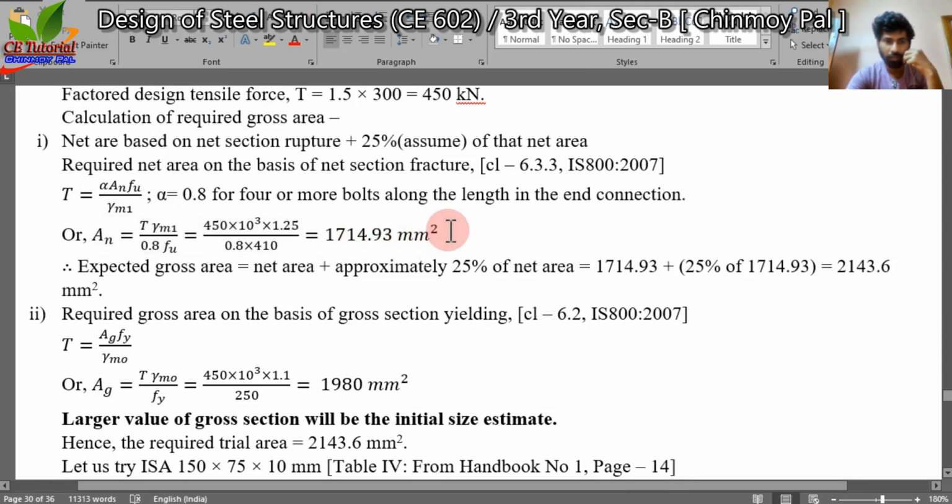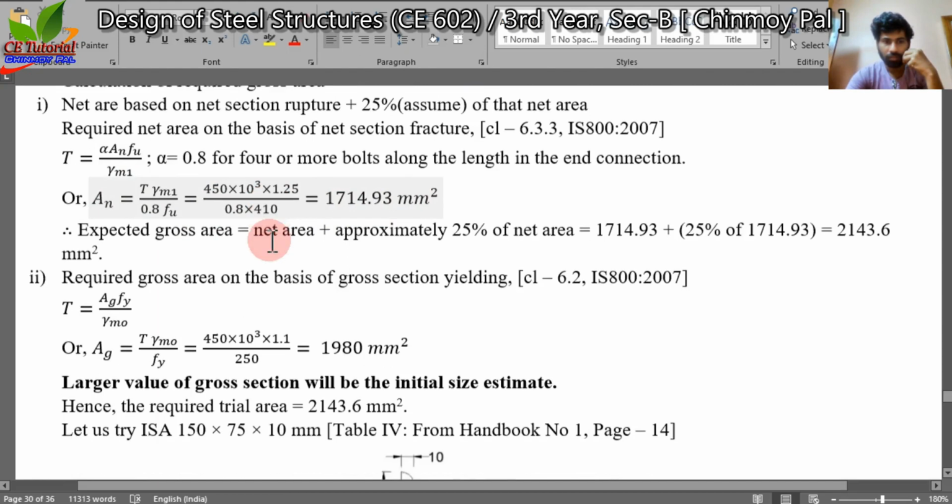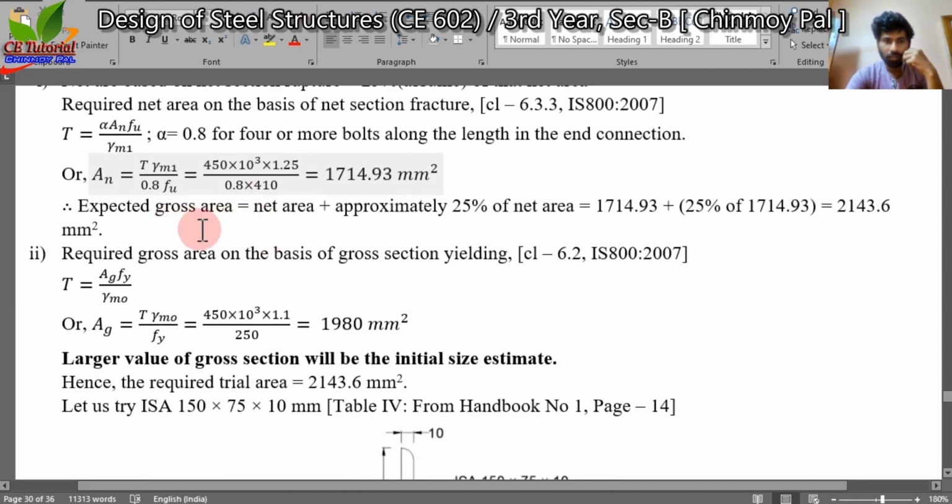So An is equal to 1714.93 millimeter square. Now you need to calculate the cross section from this net section, and we don't know what is the actual cross sectional area. That's why we are adding approximately 25% of the net area. So the cross sectional area is 2143.6 millimeter square.